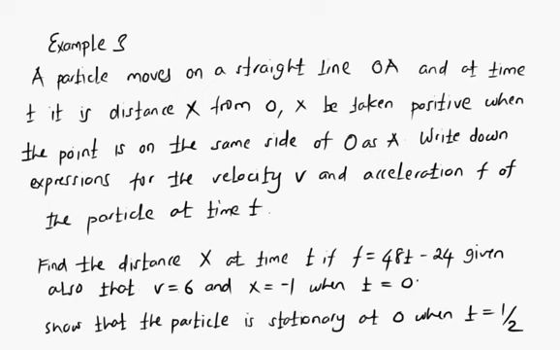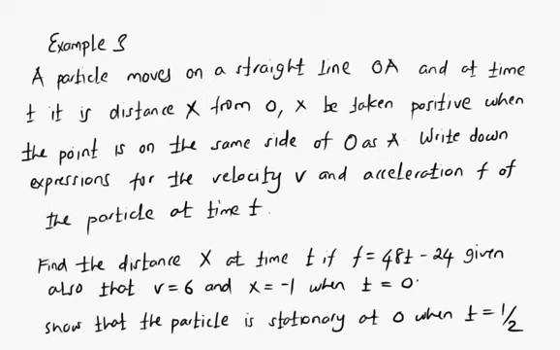So it says, a particle moves on a straight line OA, and at time t it is distance x from O. X is positive when it's on the same side of O as A. So it says write down the expression for the velocity v and acceleration f of the particle at time t.